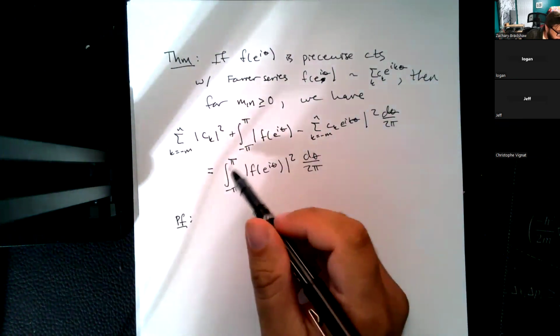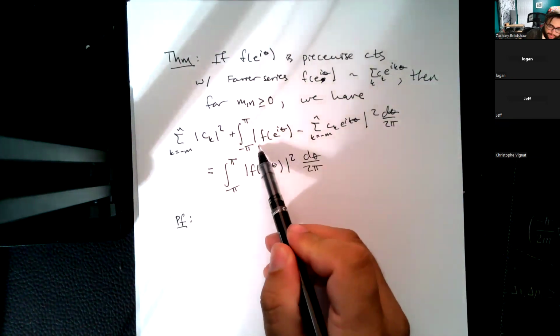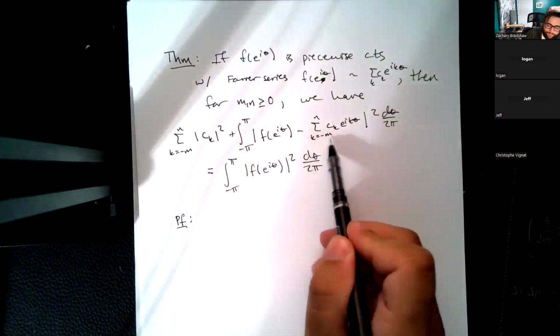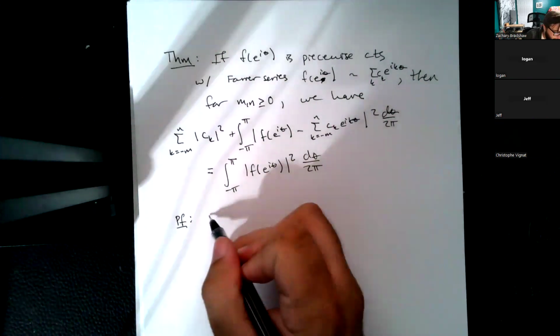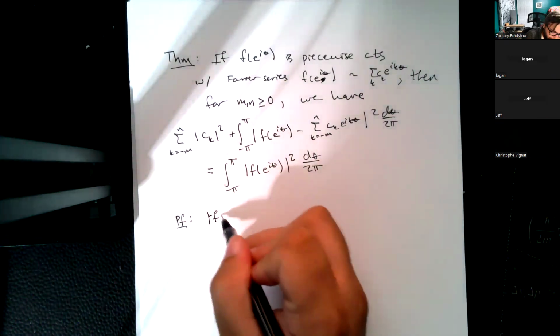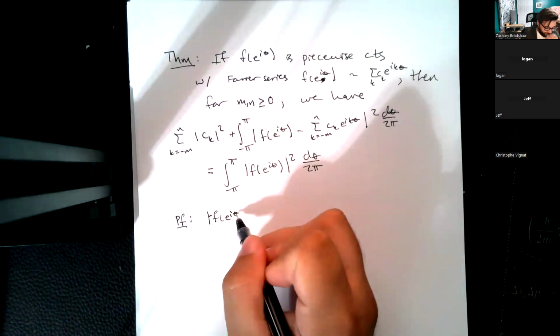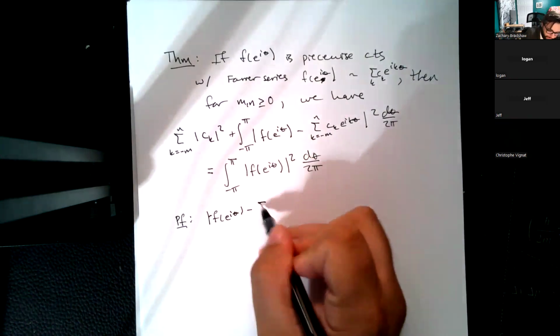So let's take a look at this modulus squared of the difference between the function and the partial sums of the Fourier series. So this is f of e to the i theta minus the partial sum.